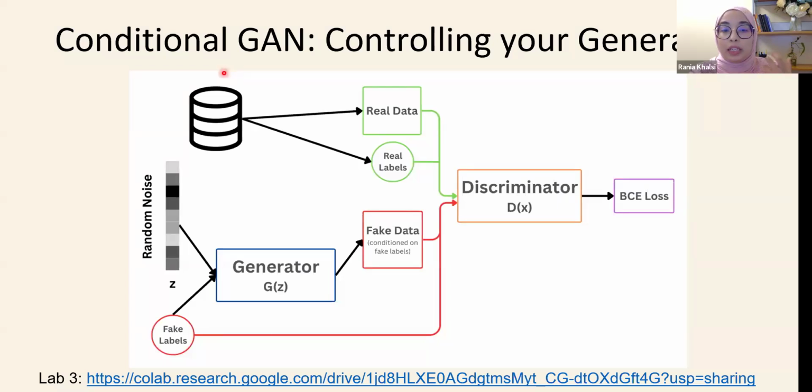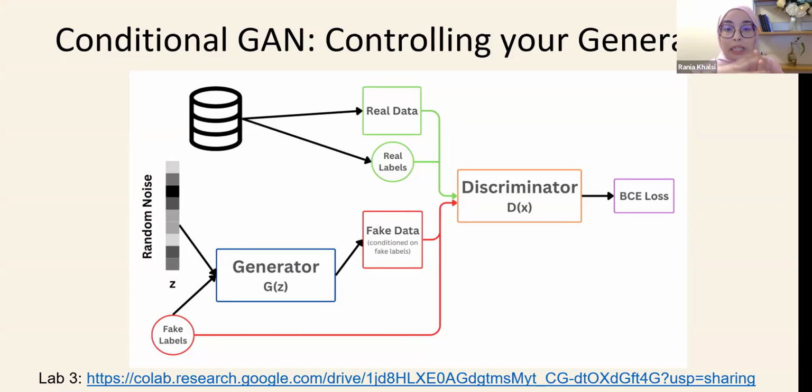Okay, let's get a quick reminder about how GANs work first. We previously mentioned that a GAN has mainly two parts: the generator, which tries to produce fake data that looks like real data, and the discriminator, which tries to distinguish the real data from the fake data.